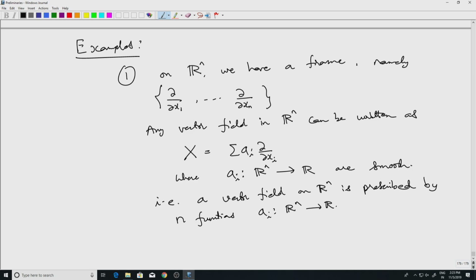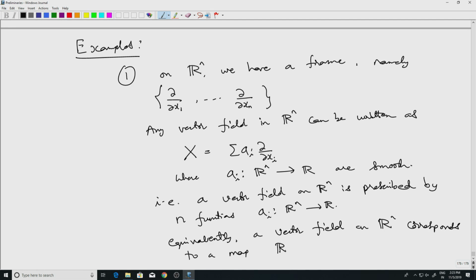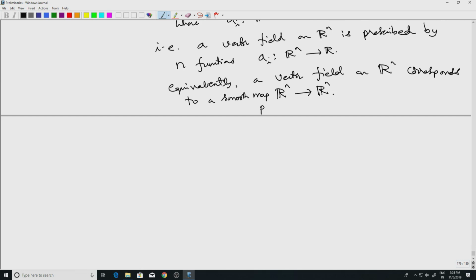This is equivalent to saying that a vector field on Rn corresponds to a smooth map from Rn to Rn, because the smooth map is P going to (A1 at P, ..., An at P).